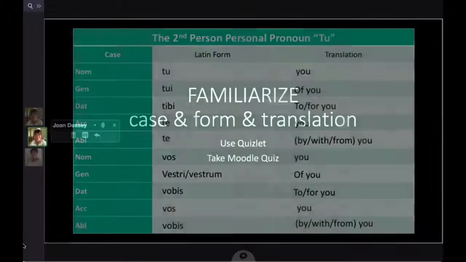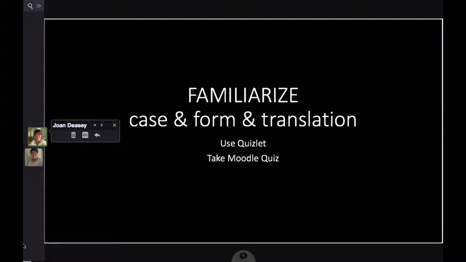It is now time for you to do the important and perhaps hard work of becoming very, very familiar with all the cases and all the forms and all the translations of ego and tu. I have Quizlet flashcards available for you to use.